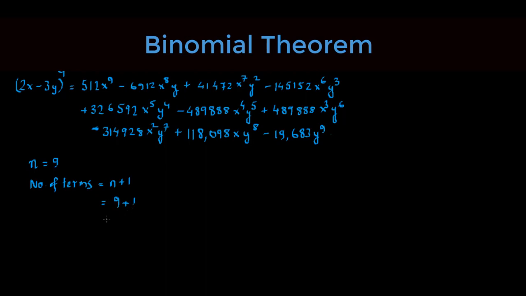So 9 plus 1 gives us 10. Let's see if we got 10 terms. So 1, 2, 3, 4, 5, 6, 7, 8, 9, 10. That's it. So we have 10 terms. So this is a formula, so we can quickly tell, if we know whatever is the index value, just add 1 to it, and this will give us the number of terms.